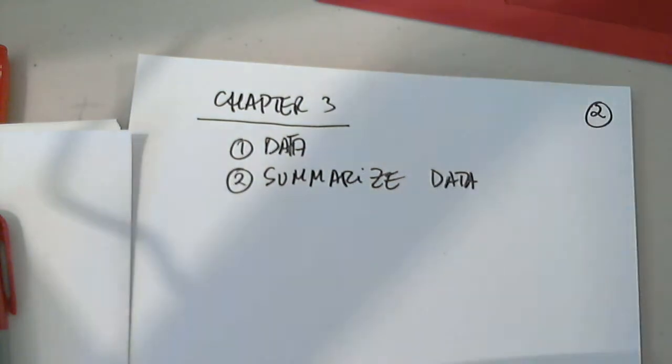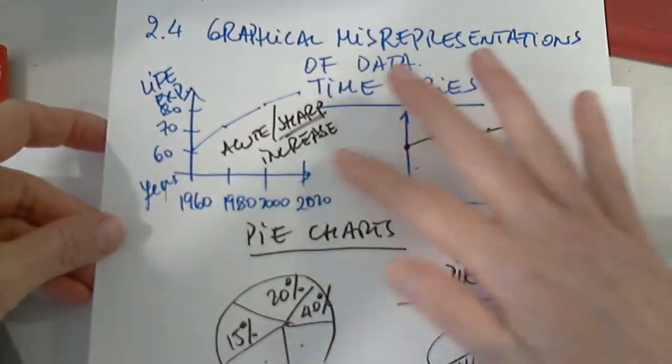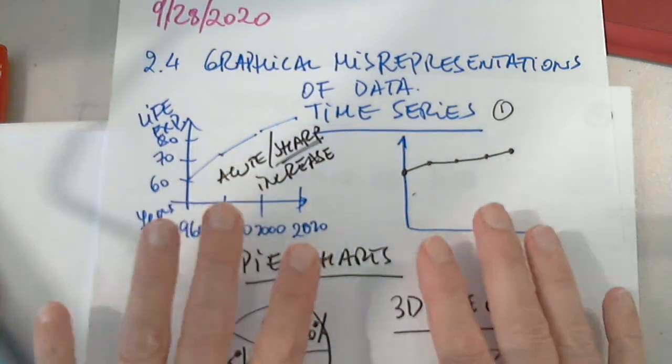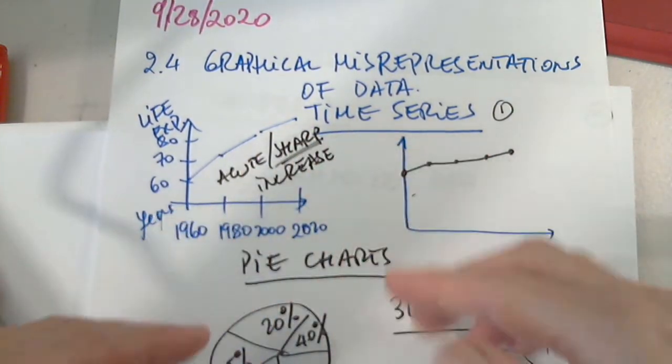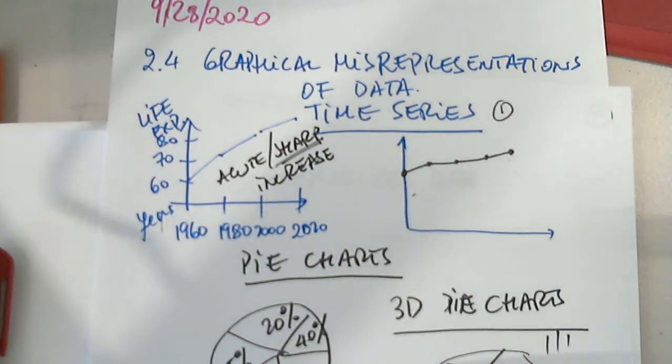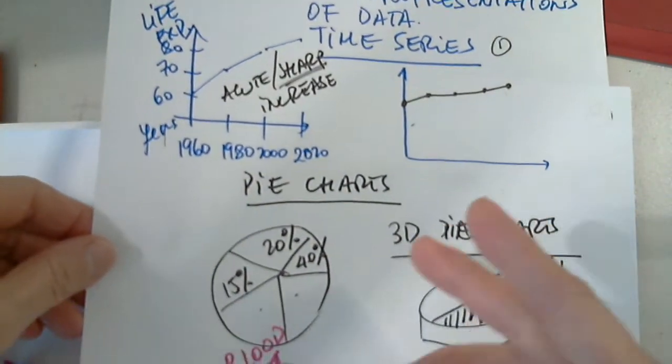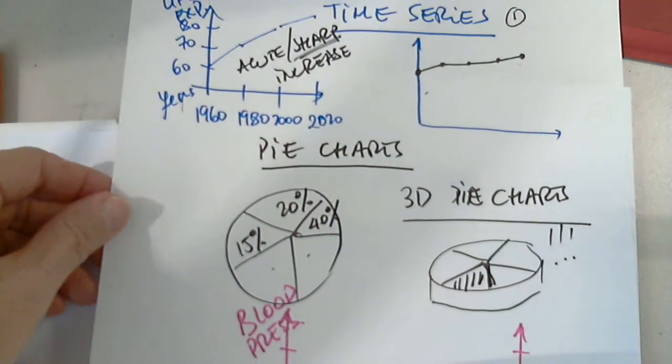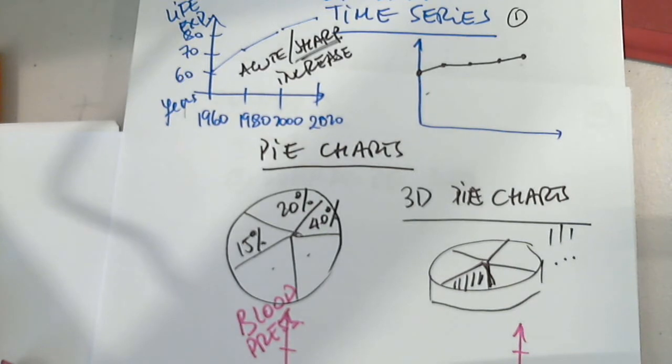I was just wondering if we only needed to know about the time series misinterpretations and the pie charts, because that would be nice. Yeah, so the time series, this is the idea. You have to be careful not to show or give it more interpretation. Just present the data so it talks to us without any input, without any bias. And for the pie charts and the 3D pie charts. But if you find some other examples, let's talk about them in class.